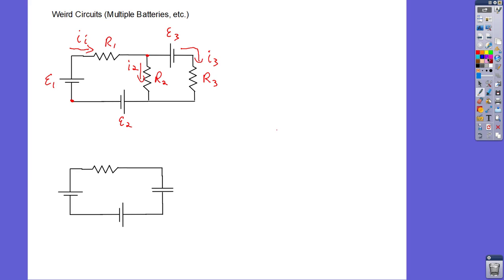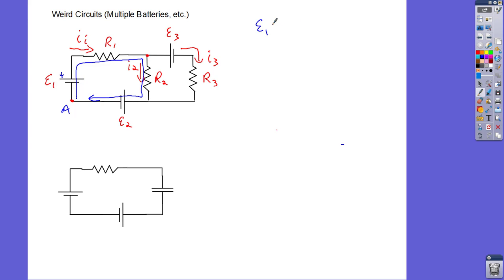So one path is I'm going to start here and I'm going to go around that way. So one equation we could have. Now remember, starting from A, the first path we're going to have is EMF number one is going to be positive because we're going from negative to positive there.